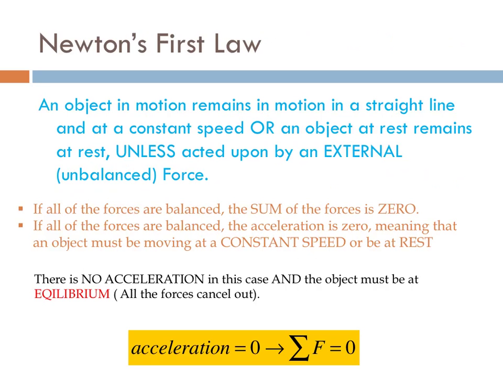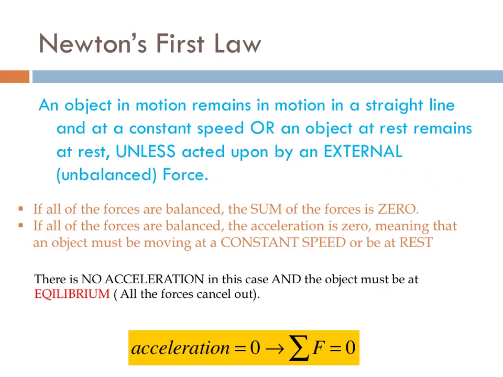Again, Newton's first law says that an object in motion remains in motion in a straight line and at a constant speed, or an object at rest remains at rest unless acted upon by an external, in other words, unbalanced force. What this is basically saying is that if all the forces are balanced, then the sum of the forces is zero.